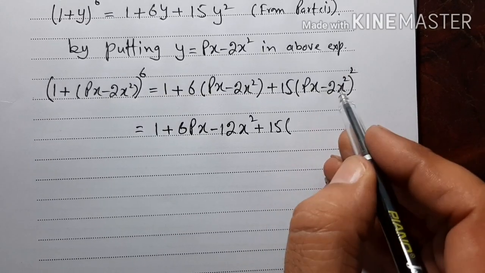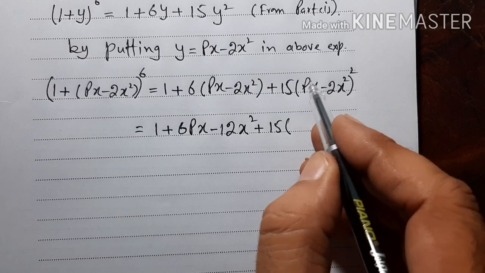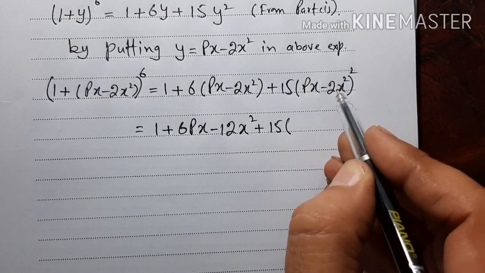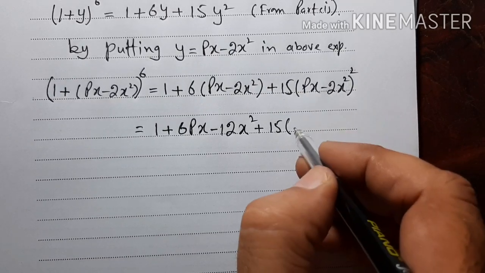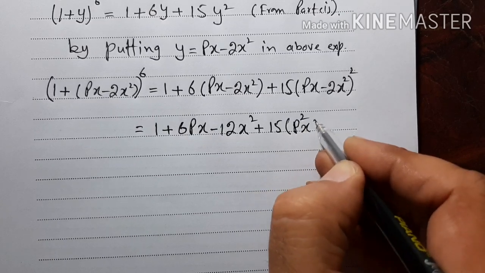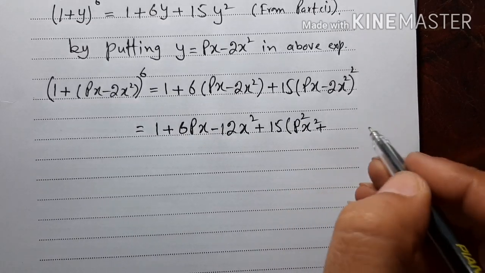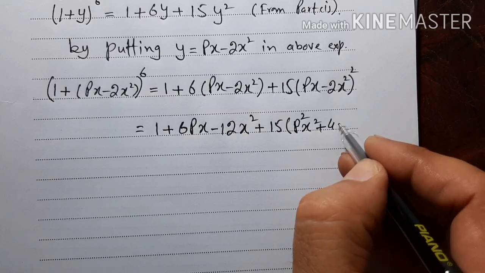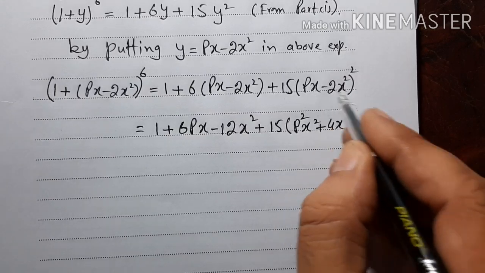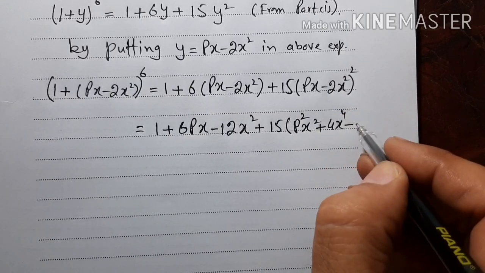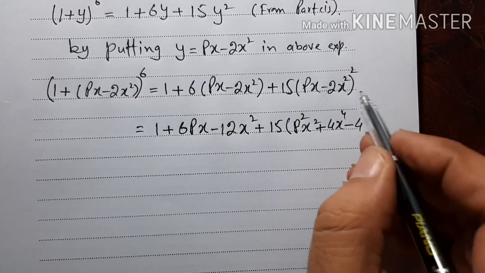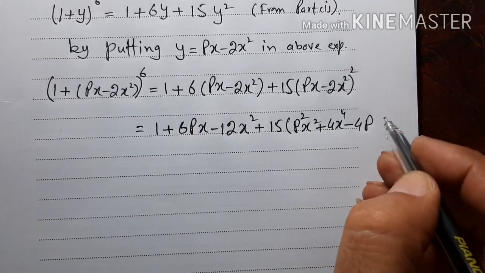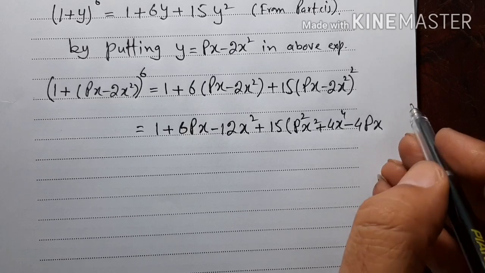So this will become a square plus b square minus 2ab. So this is my a, this is my b. So a square means p square x square, plus b square means 4x4, minus 2ab means minus 4px cube.